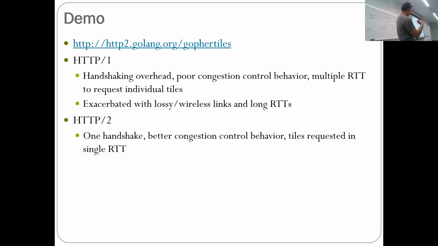Before I show you this, one of the reasons for a lot of website development, you'll see this in the full stack course, is that you take all your assets and you compile them into a single file. The reason you do that is because the transport protocol sucks. You have to put everything in a single file because you've got all this head-of-line blocking going on in the transport protocol.